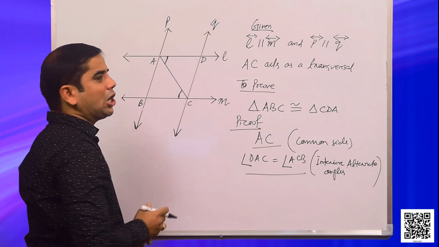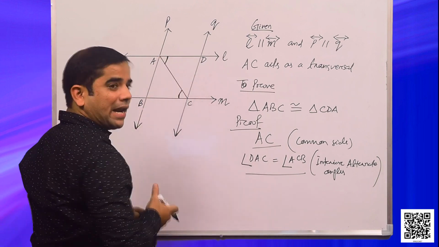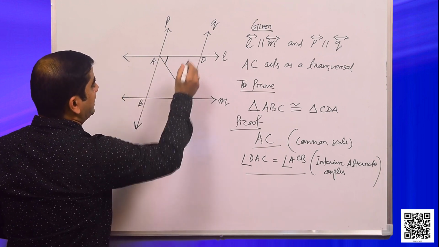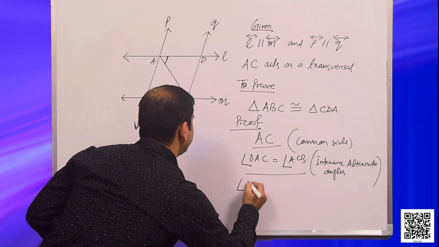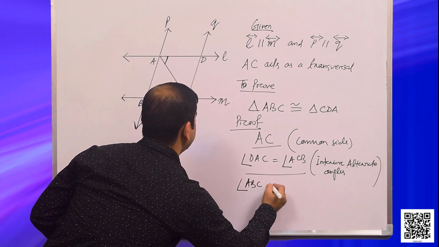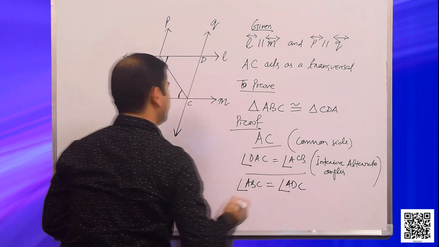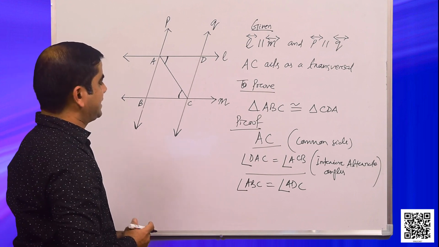ABCD is a parallelogram because these are two pairs of parallel lines intersecting each other. That's why angle ABC is equal to angle ADC.